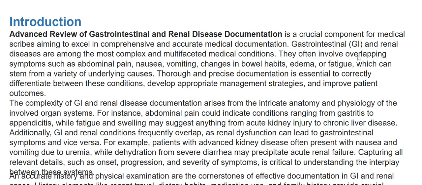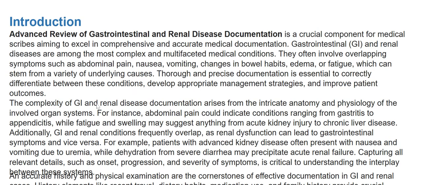They often involve overlapping symptoms such as abdominal pain, nausea, vomiting, changes in bowel habits, edema, and/or fatigue, which can stem from a variety of underlying causes. Thorough and precise documentation is essential to correctly differentiate between these conditions, develop appropriate management strategies, and improve patient outcomes.